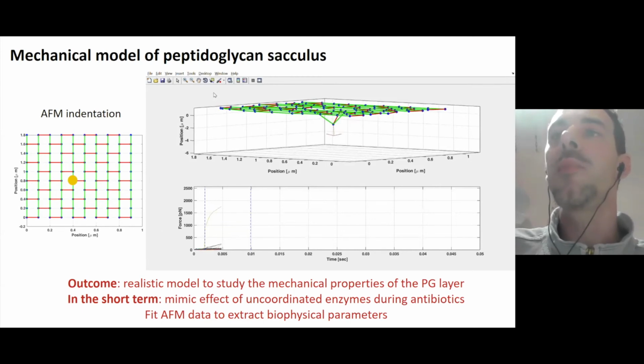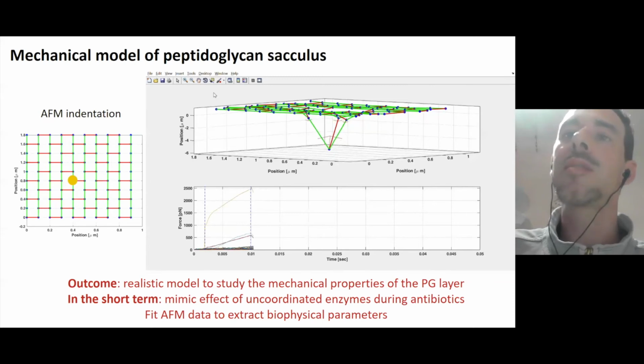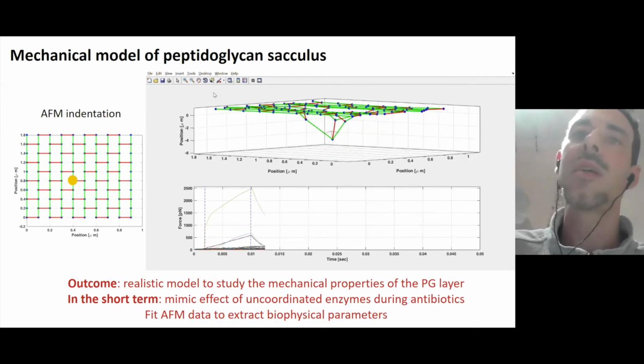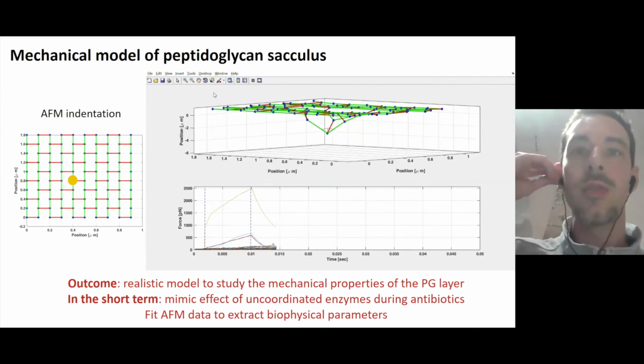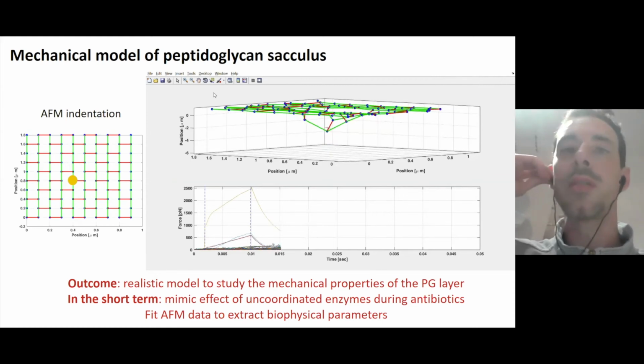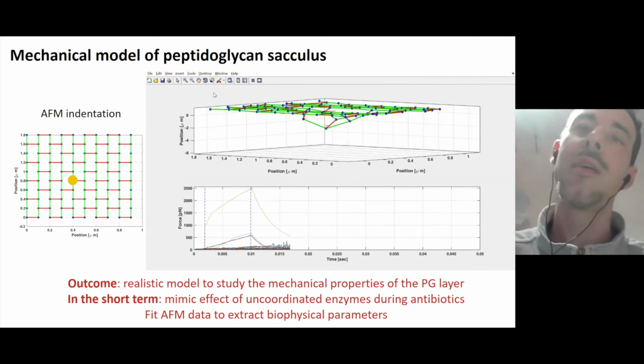At a certain point, we remove the AFM tip so that the mesh can relax to a new equilibrium condition. From that, we can also extract the action of the AFM tip on the mesh and understand the force indentation curve. So those are just two very simple examples, for a very ordered geometric structure.